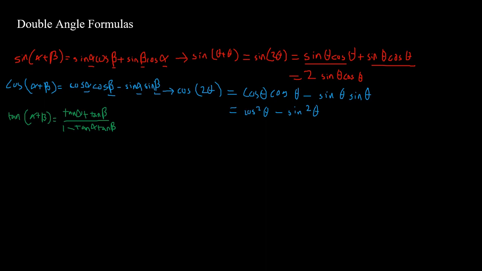So cosine 2 theta is going to be equal to cosine squared theta minus sine squared theta.